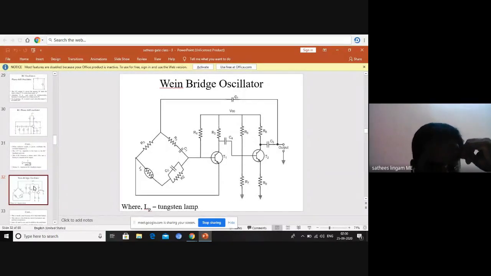What is that? The RC network. One T1 is producing a 180-degree phase shift, then another T2 is producing another 180-degree phase shift, totally a 360-degree phase shift when we receive it on our output side.